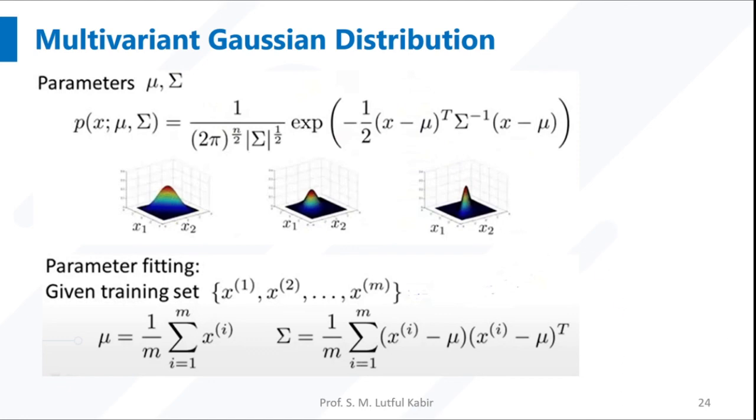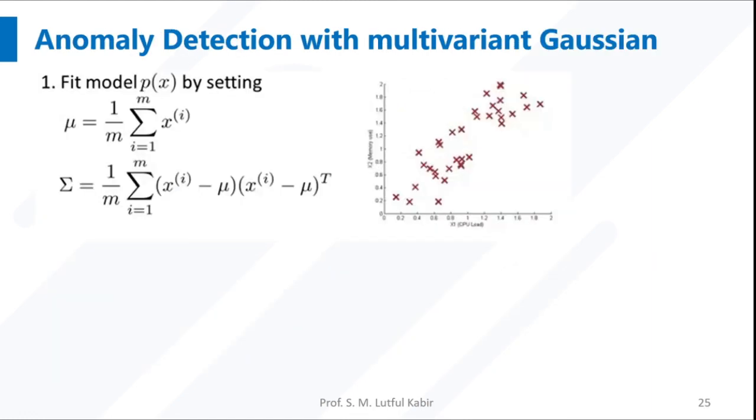Here the given training set is x1 up to xm, that means m number of examples. Each x has n variables or n features, and if you sum all the features into one vector, for all examples, then you will get the mu vector, and the sigma matrix can be obtained from this particular matrix manipulation. The method can be summarized like this: fit model p(x) by setting mu equal to this formula and sigma equal to this formula.